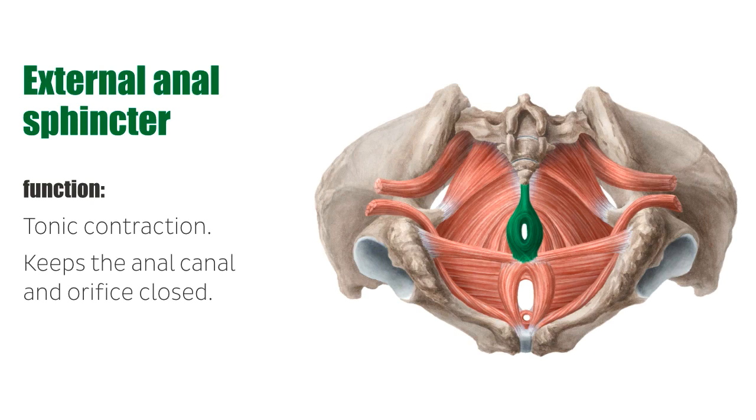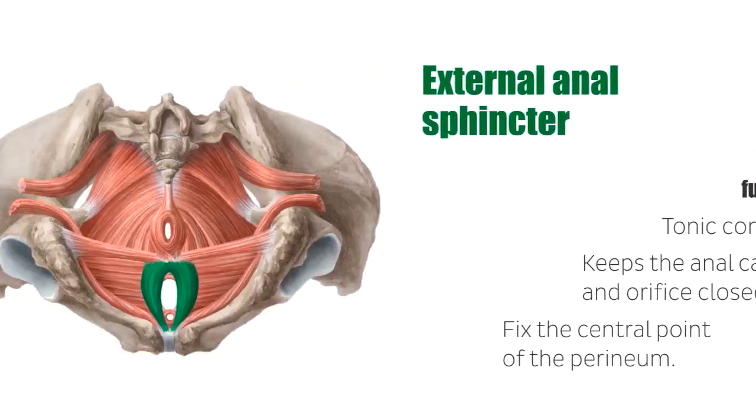Voluntarily, it can be put into a condition of greater contraction so as more firmly to occlude the anal aperture and expiratory efforts which are not connected with defecation. Now, taking its fixed point at the coccyx, this muscle will be helping fix the central point of the perineum so that the bulbocavernosus may act from this fixed point.